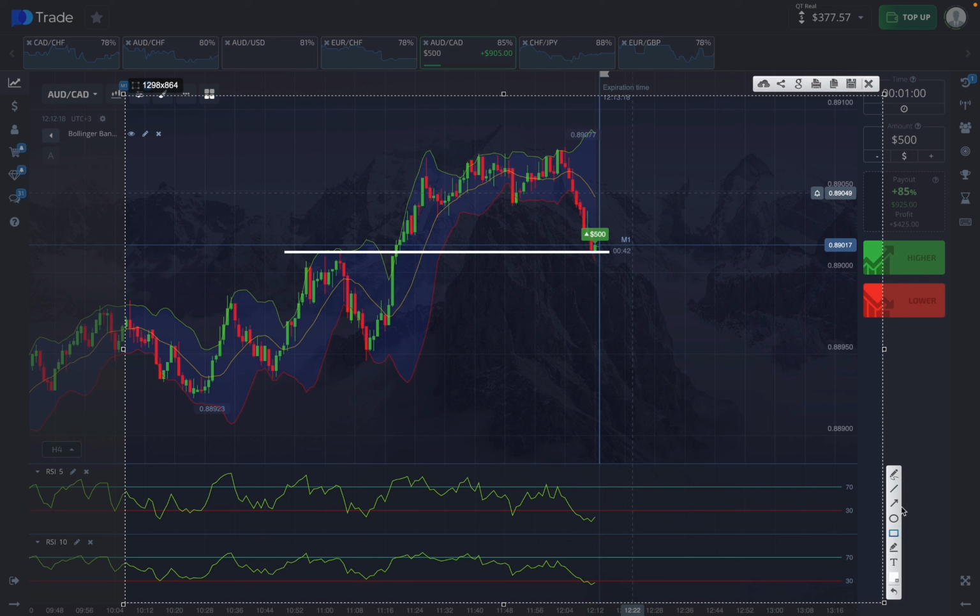We can also see this in this area of formation of a new price minimum. The price rollback occurs, the movement goes down.